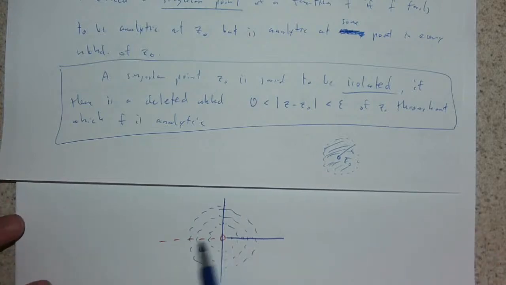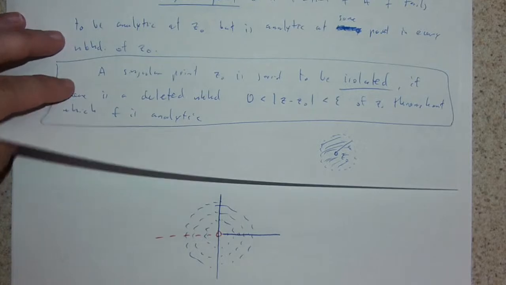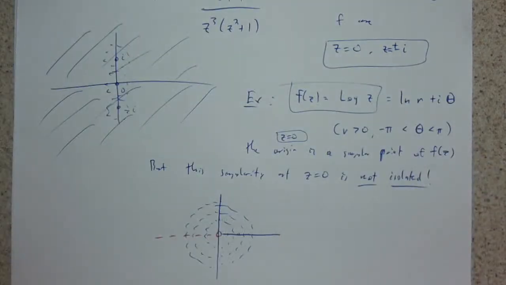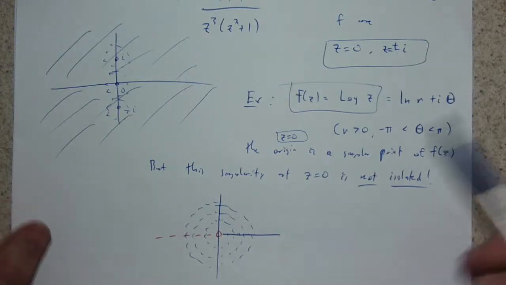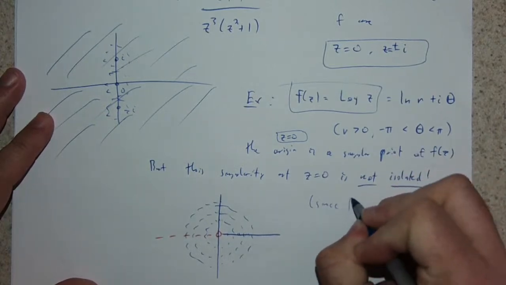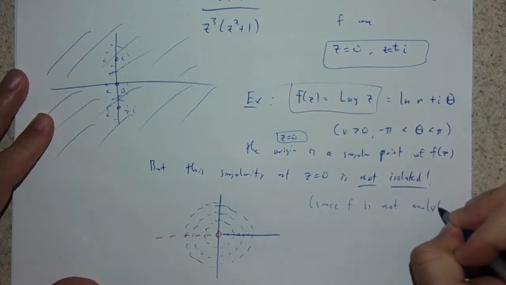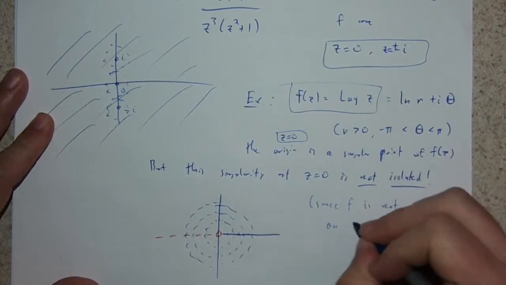Because it's always going to contain this part of the negative x-axis where f is definitely not analytic. And so any deleted neighborhood I draw based at the origin is going to contain those points. And so f's not going to be analytic on any deleted neighborhood of 0. So the singularity z0 is not isolated, since f is not analytic on any deleted neighborhood of 0.